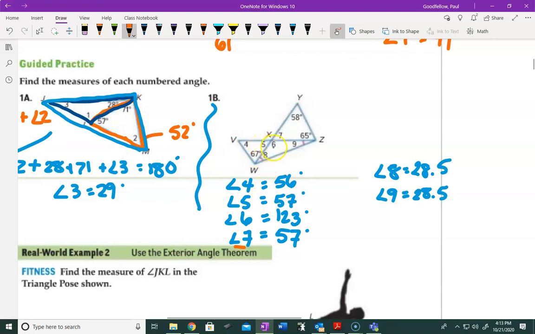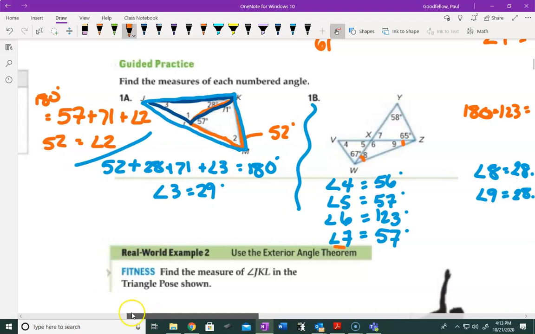And I could do the supplementary one to get angle 6, which was 123. And then to get these two angles, since they matched each other, I would know that that triangle was 180 minus the 123, and then took that answer and cut it in half for the 28 and a halves. Okay? If you need to go back and watch that again, just go ahead and watch that.